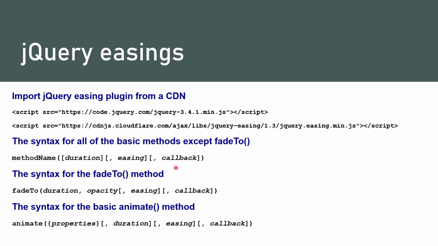And with any of our methods, the easing basically goes at the end. It's the final parameter unless you have a callback function. It would go before that in your list of parameters. But as long as you don't have a callback, it will just be the final parameter in your parameter list.